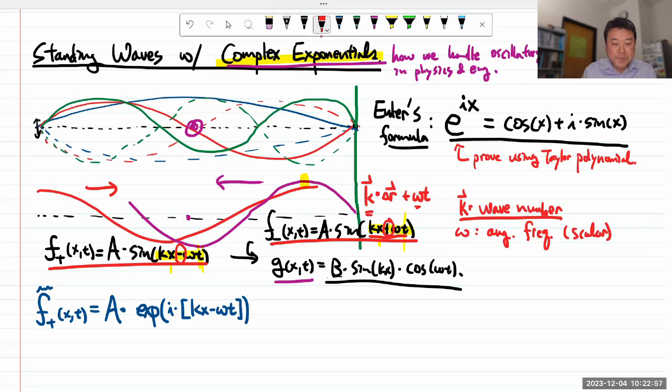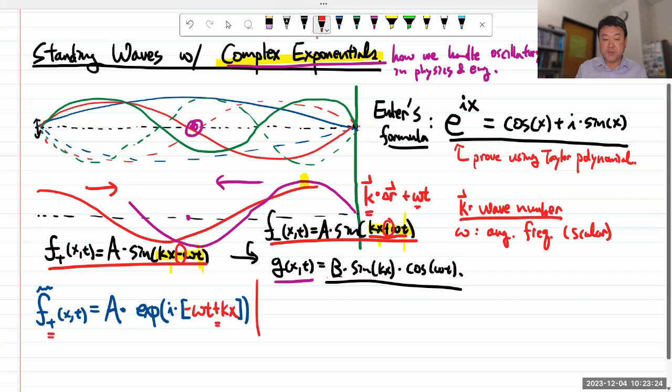I think I still needed opposite signs between these two. So the way I'm going to write it is, let me just swap the orders so that I can take care with how I write kx. It's going to be minus omega t plus kx, and this plus sign here will mean that this wave is traveling to the right.